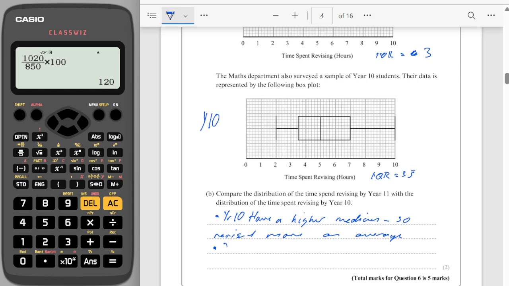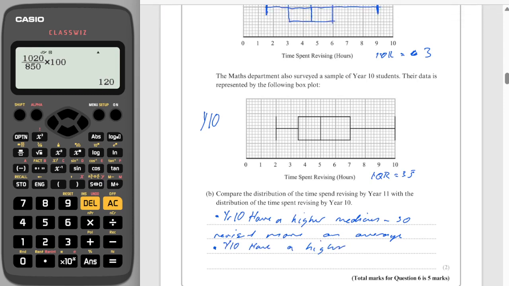So Year 10 have a higher interquartile range, which means that they are less consistent revision time.